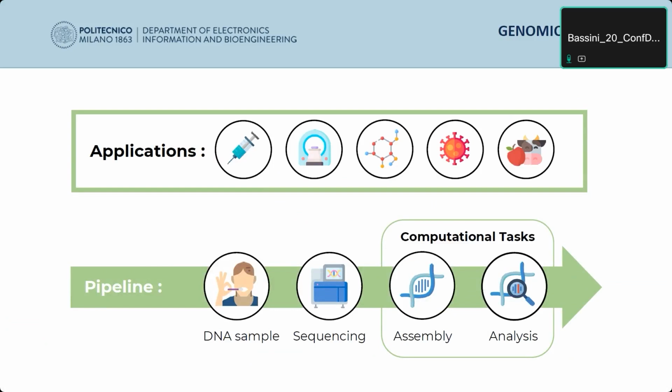It always starts with taking a DNA sample, which is then sequenced to obtain subsequences of the original genome, called reads. Then the computational tasks begin, because these reads need to be assembled together to recreate the original genome, which finally is analyzed to find specific patterns or specific genes inside it.